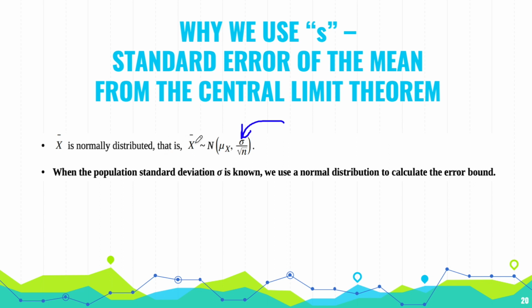That means that capital X bar is approximately normally distributed with the same mu as the original distribution, but the standard deviation is going to be a little bit smaller, the standard deviation divided by the square root of your sample size. When a population standard deviation is known, we will use a normal distribution to calculate the error bound. That's how you're going to complete your practice problems this week.